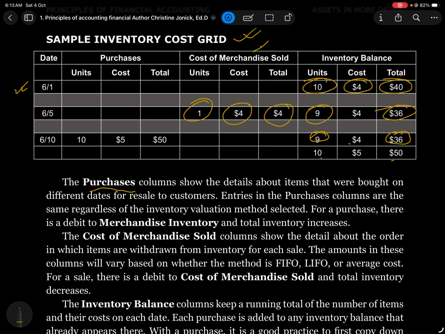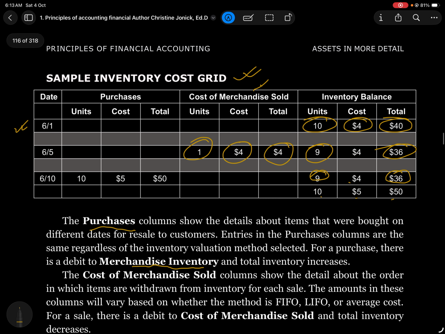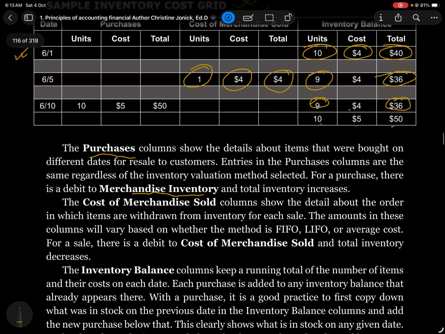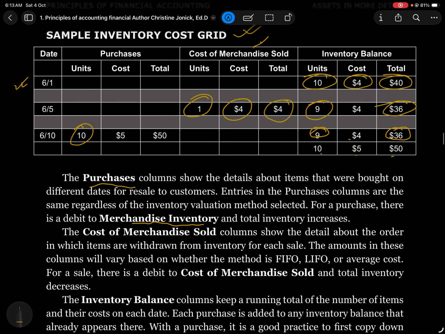So what would be the entry when we make a purchase? It would be a debit to merchandise inventory, credit cash, or vendors, or accounts payable, whatever. It just depends.